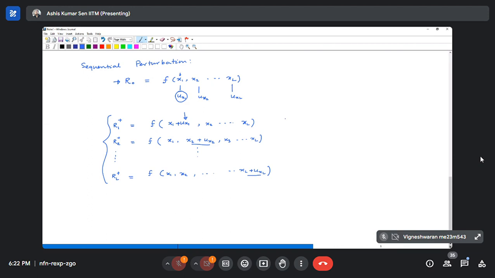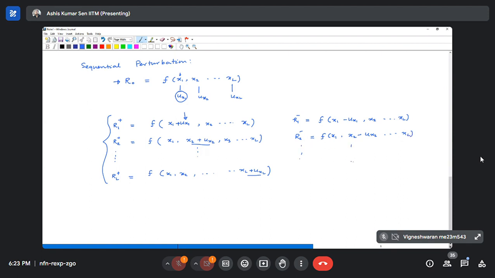Similarly, I can find R1 minus is a function of x1 minus Ux1, everything else remaining the same. R2 minus is f of x1, x2 minus Ux2, up to xL.